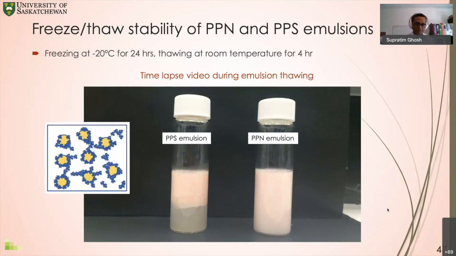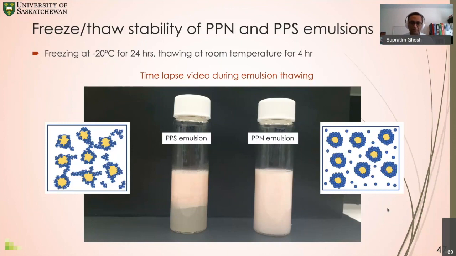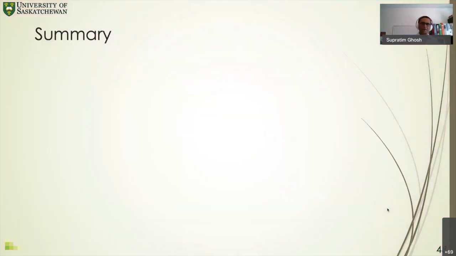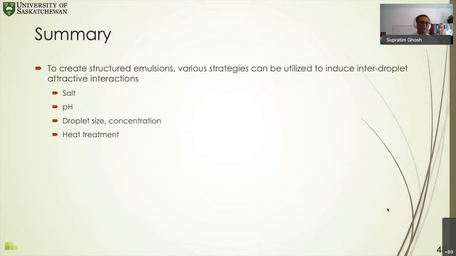So this is what we propose: that the PPS emulsion, their droplets are not that strong, but the PPN emulsions were forming a strong interfacial layer, and the proteins were not denatured. They were not removed from the droplet surface, and they were able to prevent ice crystal penetration, so provided stable emulsion.